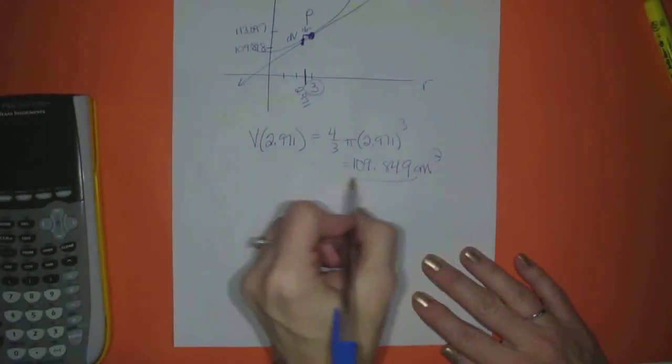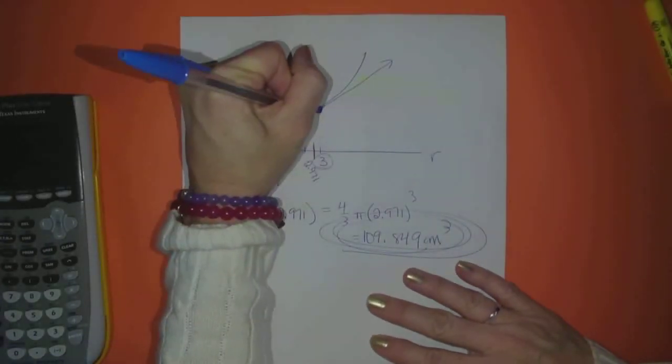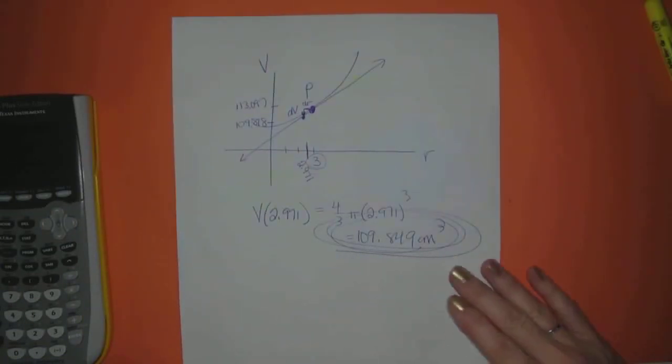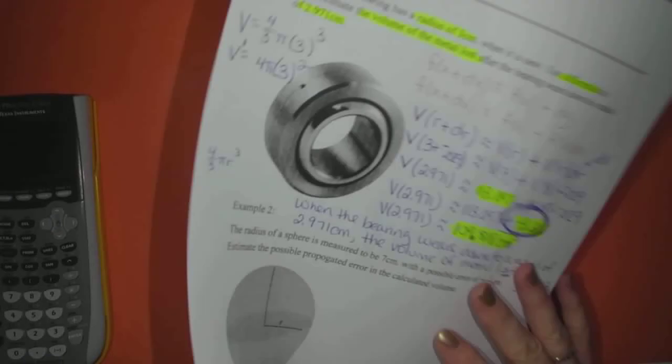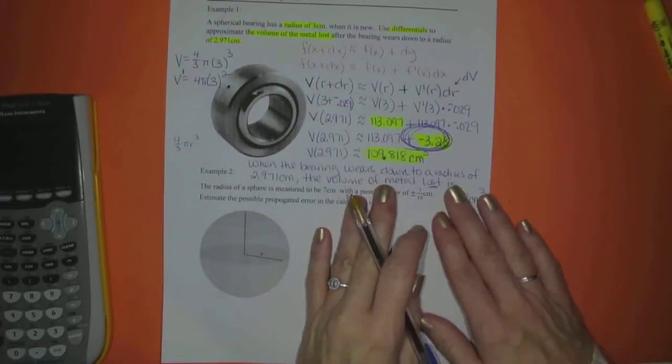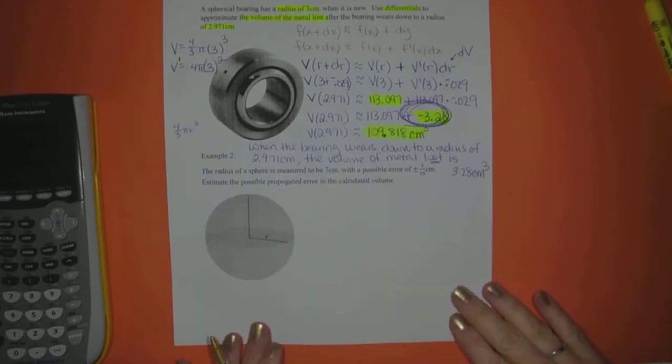See how that 109.849 is bigger than 109.818. Not much, but you can see the actual loss of metal is a little bit less than the approximated. But it's so close. That's why we like to use differentials, because we can use the tangent line to approximate more difficult curves.